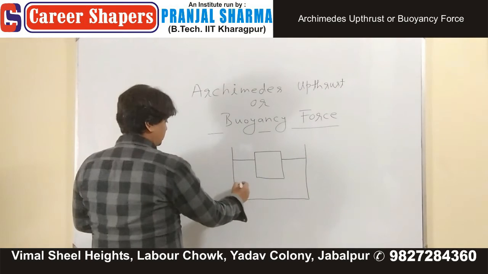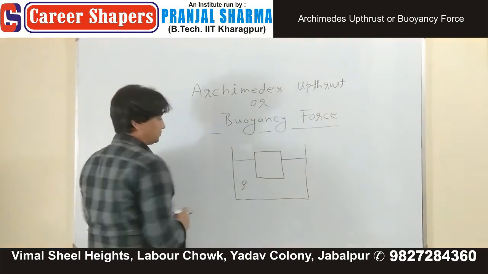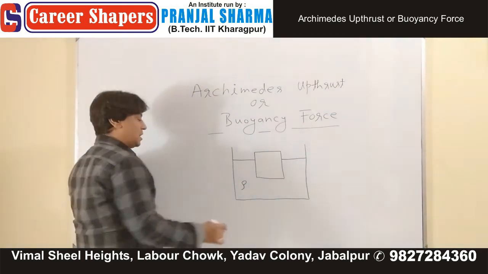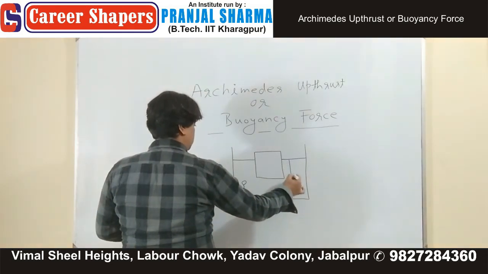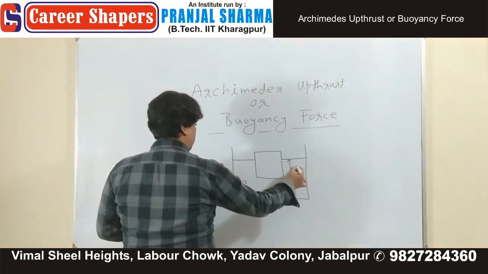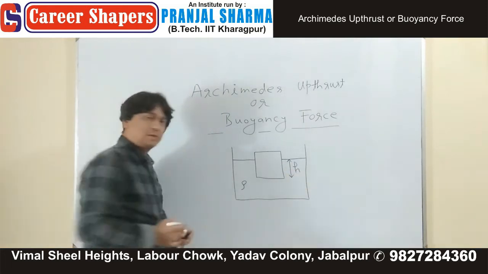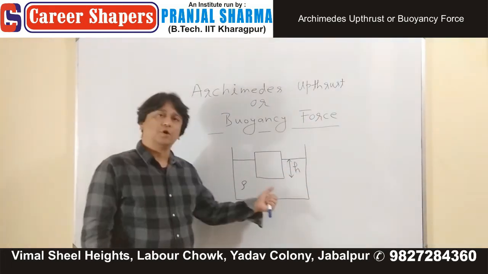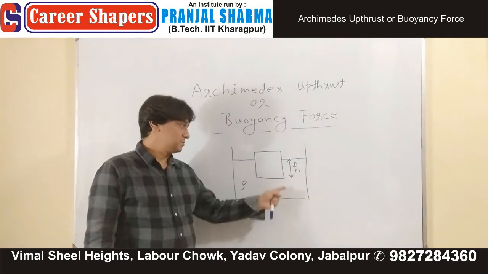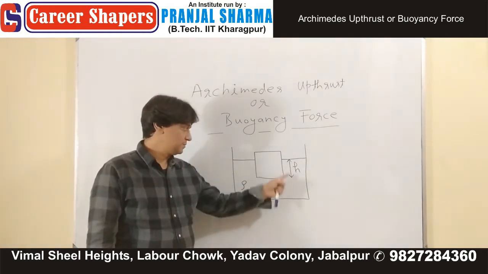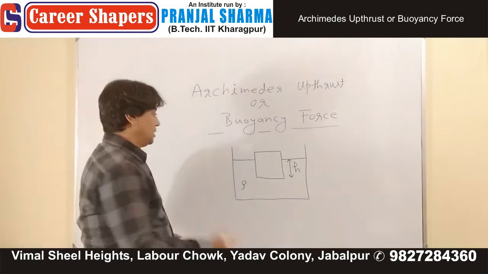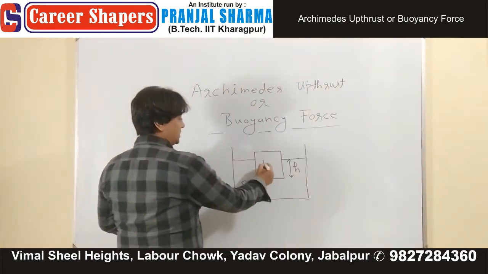Density of the liquid is rho, and this much is h. Height of the object, which is inside or is submerged, is h. Mass of the object is m.